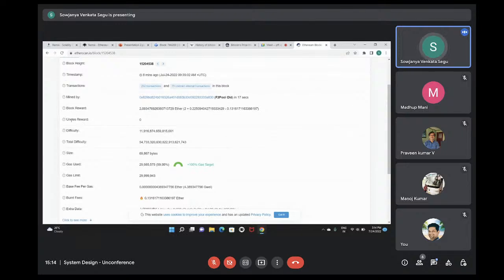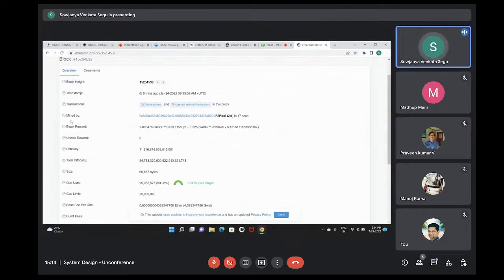Basically, uncle is like I explained, when multiple participants, miners, compete to build a block. In Bitcoin, the network accepts one block and the other block will be rejected.